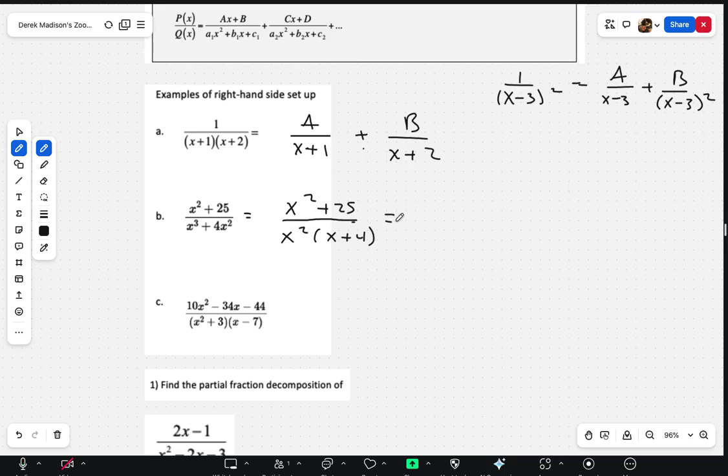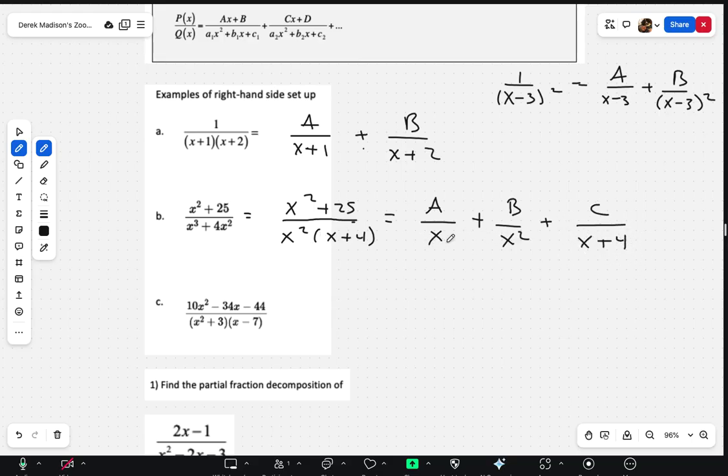X squared can be written as a repeated linear term because it's just x twice, so it's kind of the too easy it's hard one. So this would be a over x plus b over x squared. So that's taking care of if there was an x or an x squared term, we would still get this x squared here. And then there's our last linear term, which is c over x plus 4.